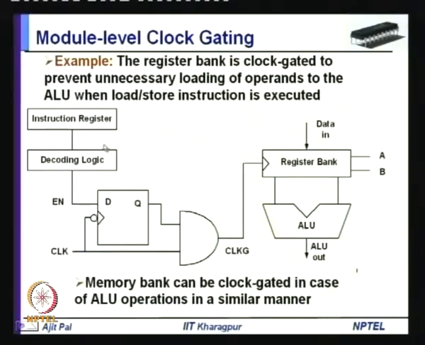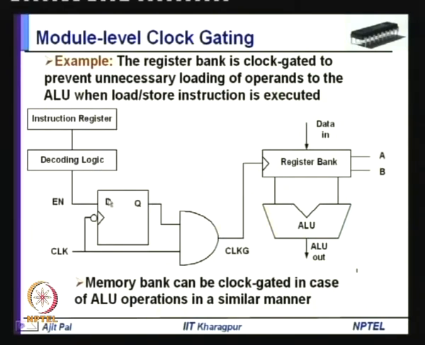That means access of memory is not required when you are performing arithmetic and logical operations. This can be exploited in clock gating, and that is what is being done here. Here you can see an instruction has been fetched. So, the register bank is clock gated to prevent unnecessary loading of operands to the ALU when a load store instruction is executed. That means after the instruction is fetched, the decoding logic can identify whether it is a load or store instruction, and if it is, then it can disable this circuit.